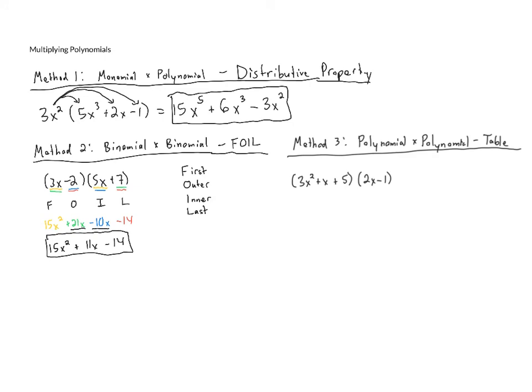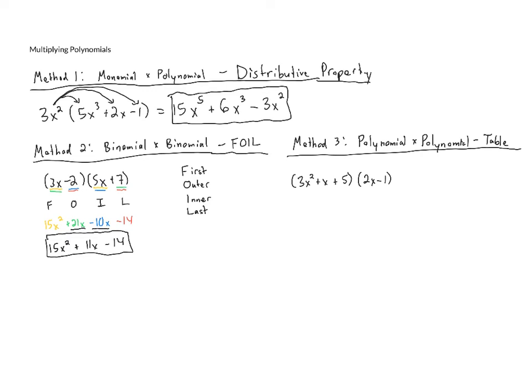Now we can't use foiling here because this is a trinomial. Foiling only works when it's a binomial times a binomial. The distributive property would be a little bit complicated because none of them are monomials. We could distribute this 2x minus 1 to each of the terms in the other, but that would end up with a lot of work. We'd have to use the distributive property 3 more times, and it just ends up being cluttered.